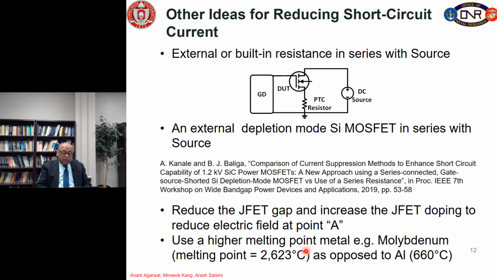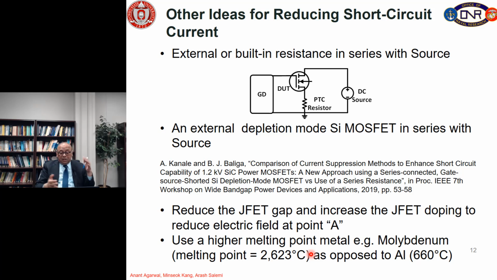Finally, a good solution may also be to use some other metal as an overlayer. Right now we use aluminum, which has a melting point of 660 degrees C. So, when the device temperature under short circuit goes up to 660, aluminum starts to melt, it diffuses inside the transistor, shorts everything out, and eventually it blows up.